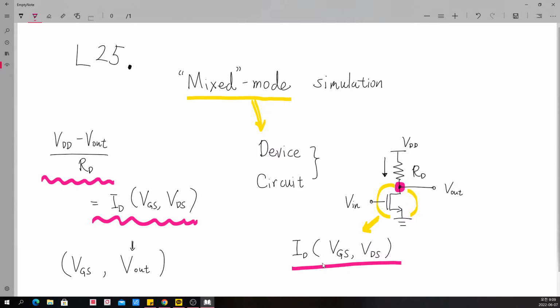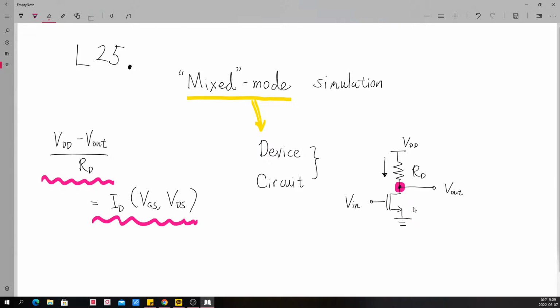You just generate a circuit schematic containing both the transistor and resistor, and let the simulator solve it. Then automatically you will get the answer of your circuit operation. That is what we can get from a mixed mode simulator.